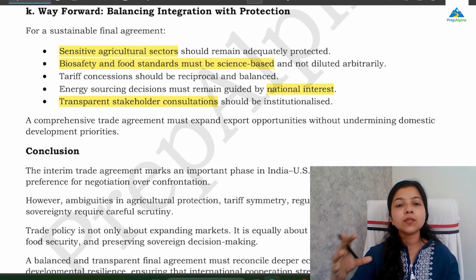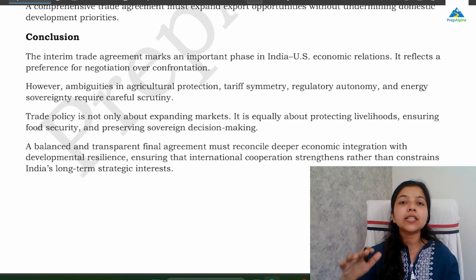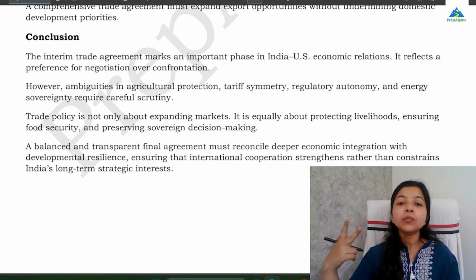Such a consultation mechanism should be institutionalized, because the first and foremost thing that is important for India is our own national interest, whether it is about protecting our livelihoods, ensuring our security, food security, or preserving our sovereign decision making. All these are national priorities apart from trade.